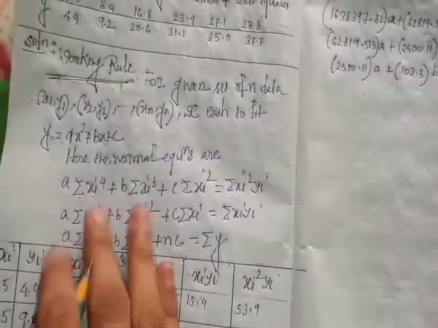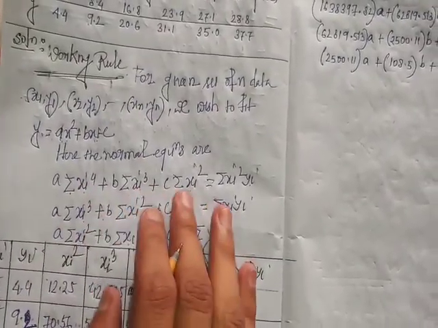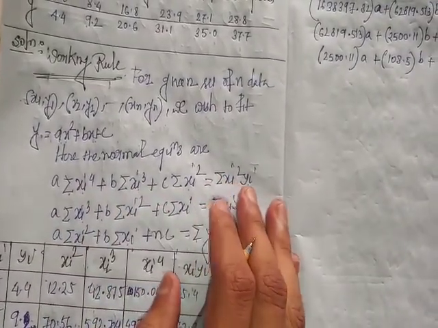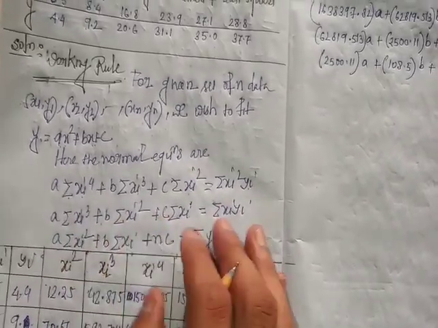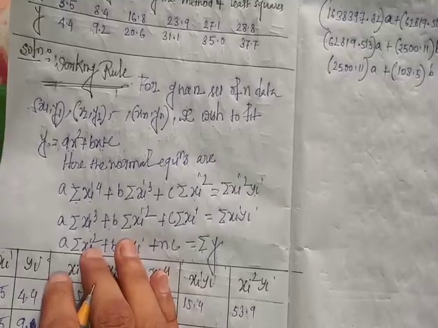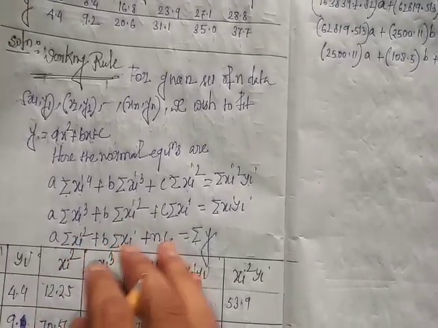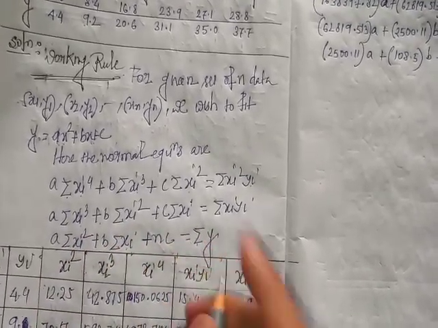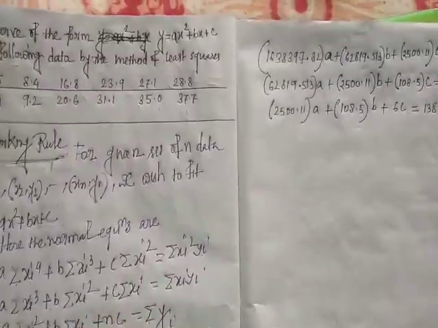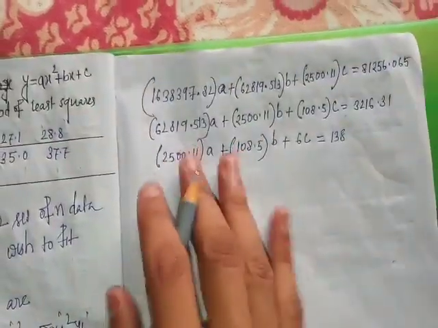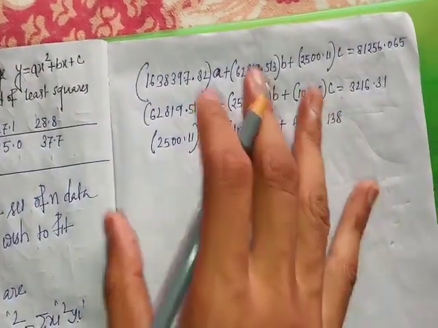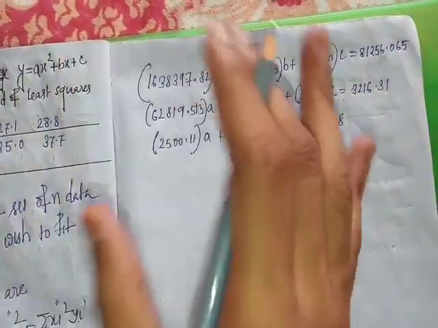Putting these values of summation xi to the power 4, xi cube, xi square, summation xi square yi, summation xi yi, summation xi, summation yi, we get three normal equations, and we solve them with the help of a calculator.